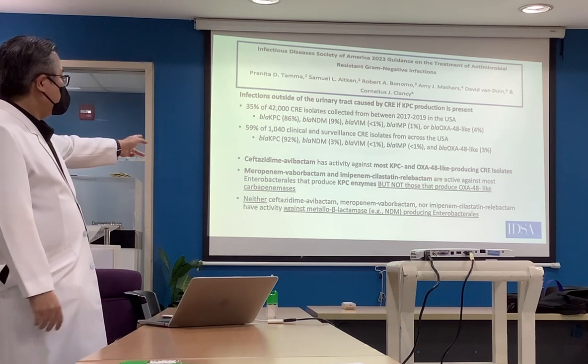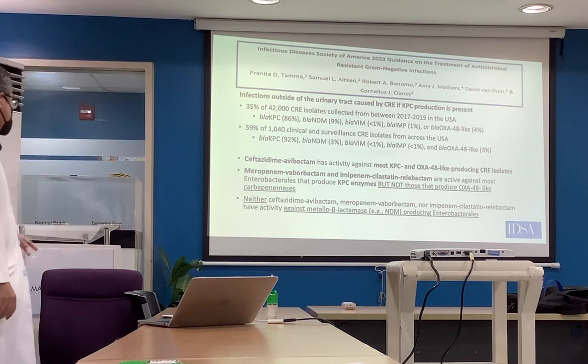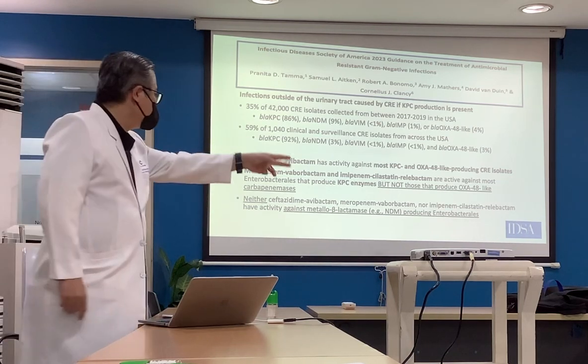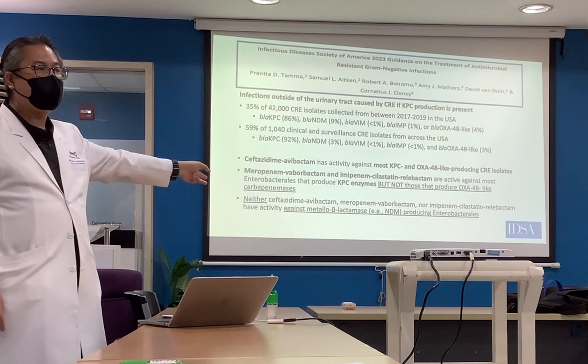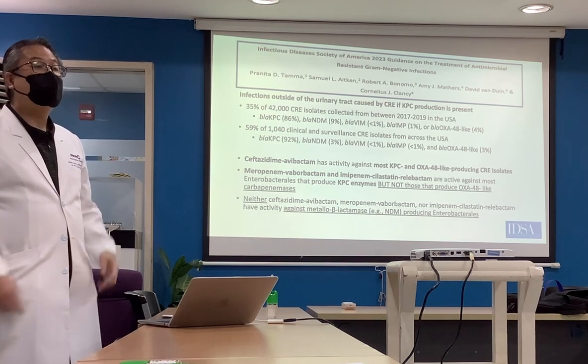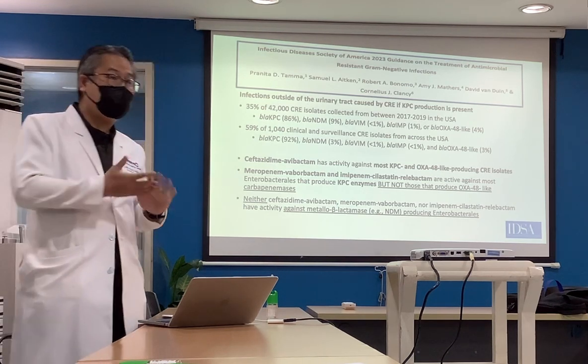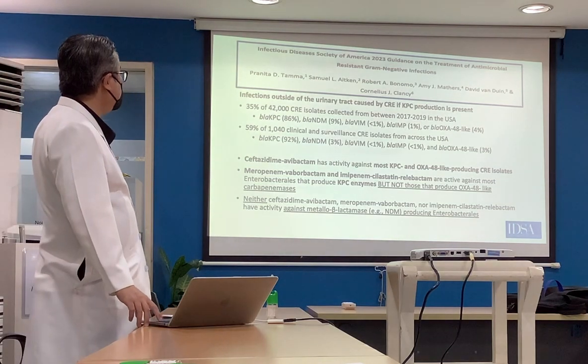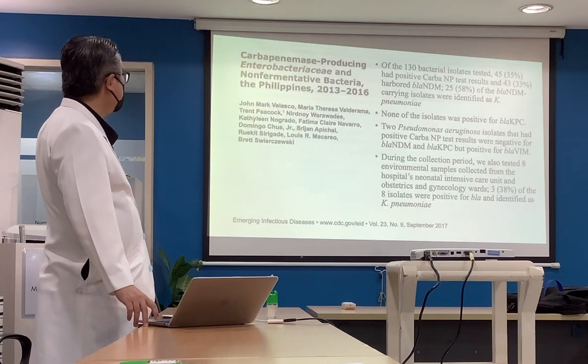Okay. Now, if you look at that last bullet, neither ceftazidime-avibactam or the others have activity against MBLs. Okay, so may butas pala si ceftazidime-avibactam. Okay. So dyan pumapasok yung ating lecture for today.